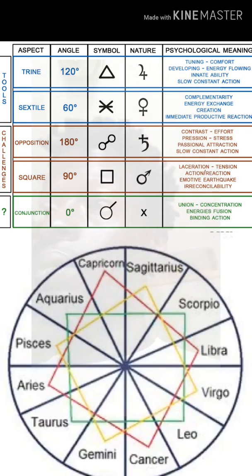For opposition, it's 180 degrees. So that's directly opposite. Capricorn and Cancer are direct opposites. Leo and Aquarius are direct opposites. The nature of oppositions is Saturn. Everybody knows Saturn is more like the judge. So it's more like everybody watching you. It's like you make a mistake and now it's on TV.